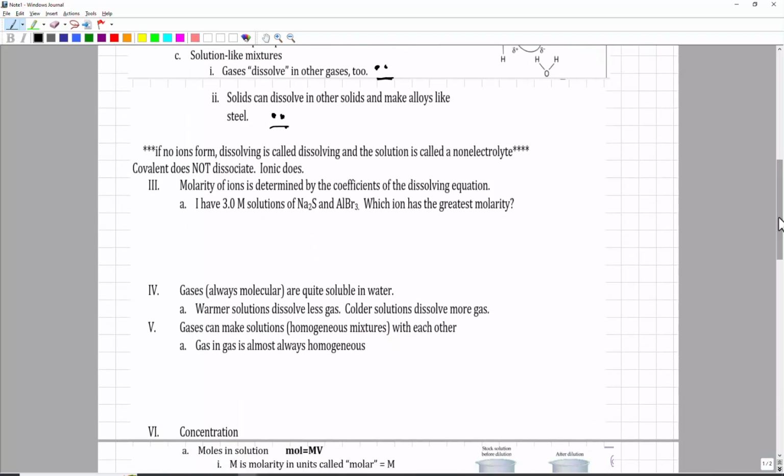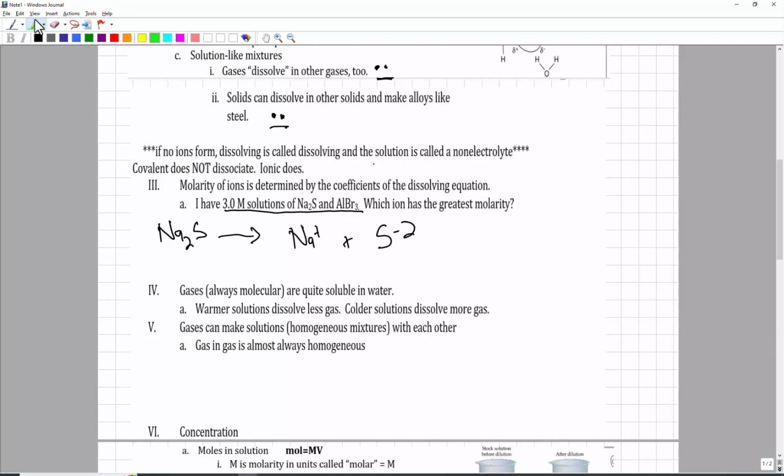Molarity of ions is determined by the coefficient of the dissolving equation. If I have a 3 molar solution of Na2S and AlBr3, which ion has the greatest molarity? Na2S is an ionic compound, so it will turn into ions: Na positive plus S minus 2.